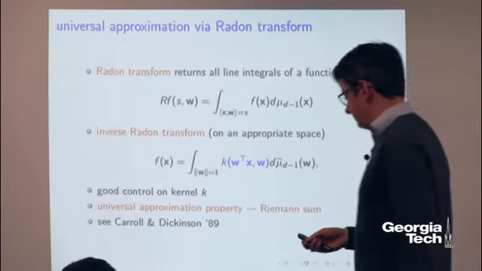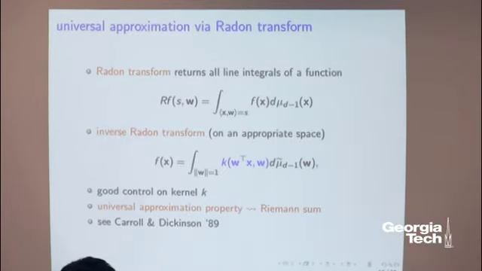Another idea is based on the Radon transform. It's a bit related to the previous approach. The Radon transform just maps a function to all its line integrals, and similar to the Fourier transform, you also have an inversion formula. That gives you a representation of a function as an integral over a kernel, which also depends on f.